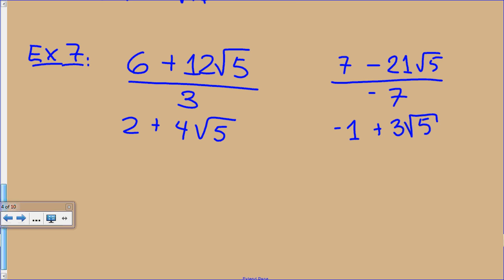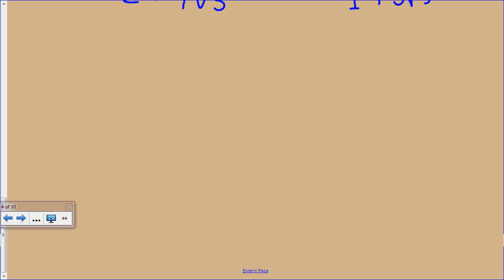Right here, remember, you can only add like things together. So if this says 2 root 5, 2 root 5 plus 4 root 5 is 6 root 5, but they're not like that.